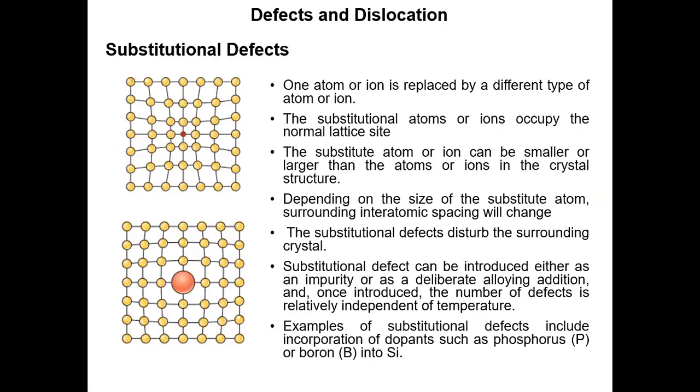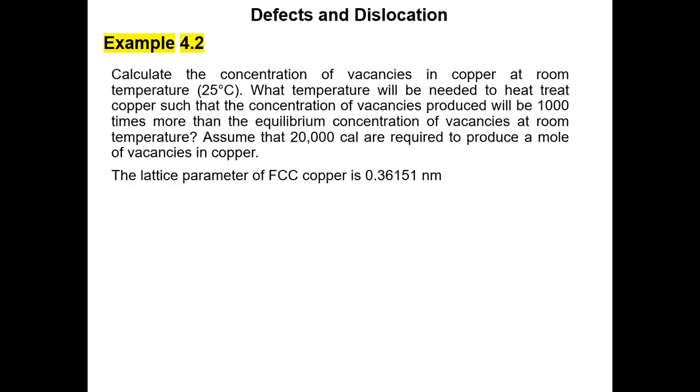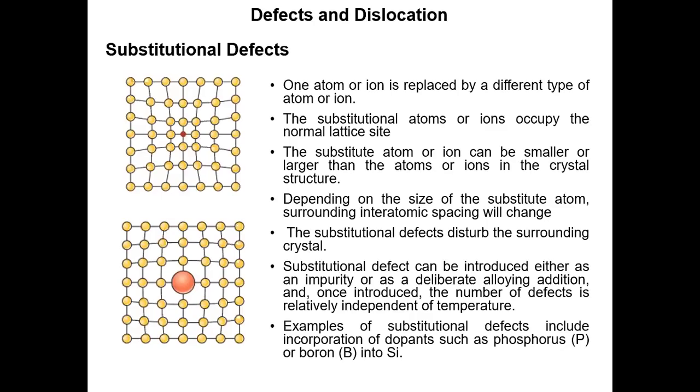In this case, one atom or ion is replaced by a different type of atom or ion. The substitution atom or ion occupies the normal lattice site, but the atom in this normal lattice site is different from the other places. So it's a guest atom, right?